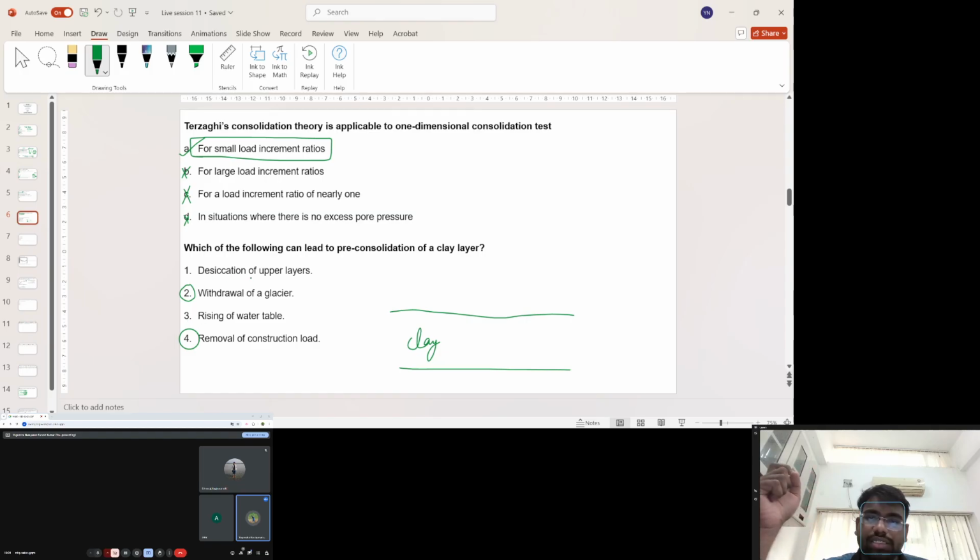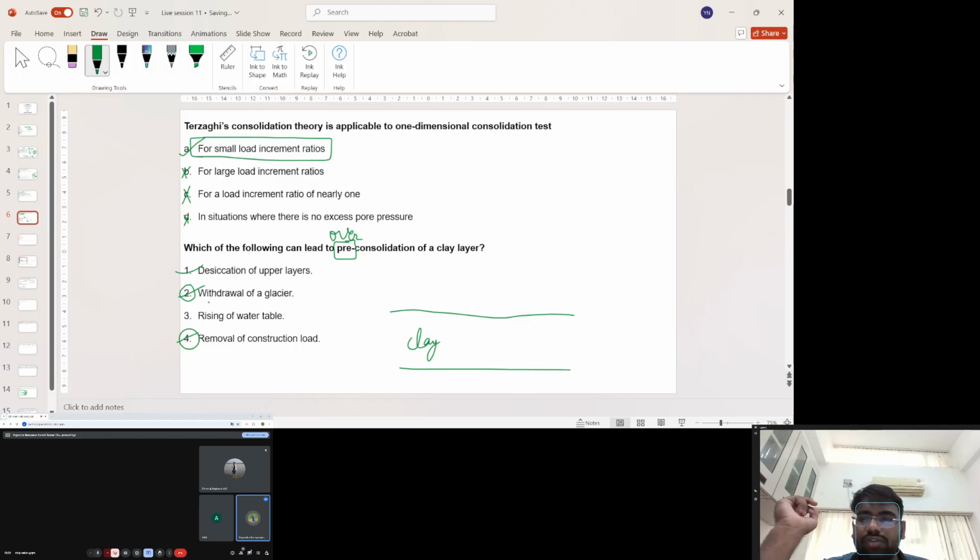Desiccation of upper layers is a little out of context in this category, because if this is replaced with over consolidation, then this and this will be the right option.